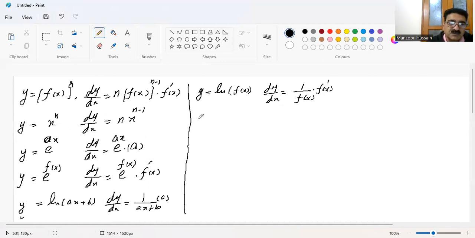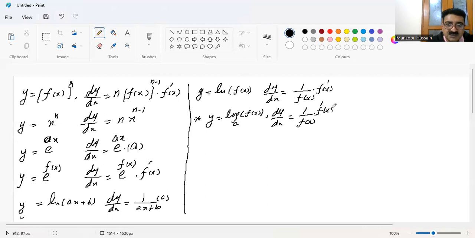And now we come to some particular formulas which are also very important. If y equals the log of f(x), if there is a log of a function on the base a instead of the natural log, then its derivative will be equal to 1 by the function into the derivative of the function.